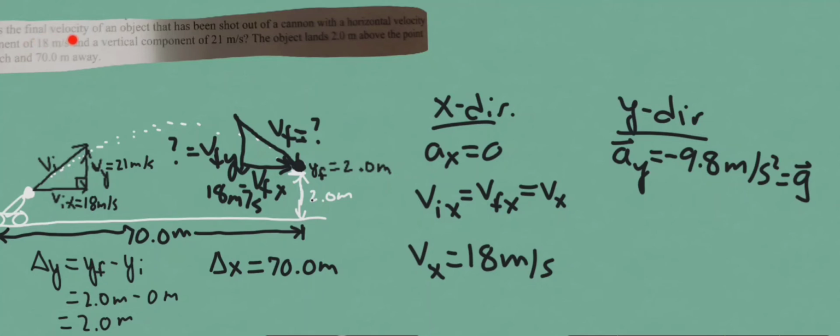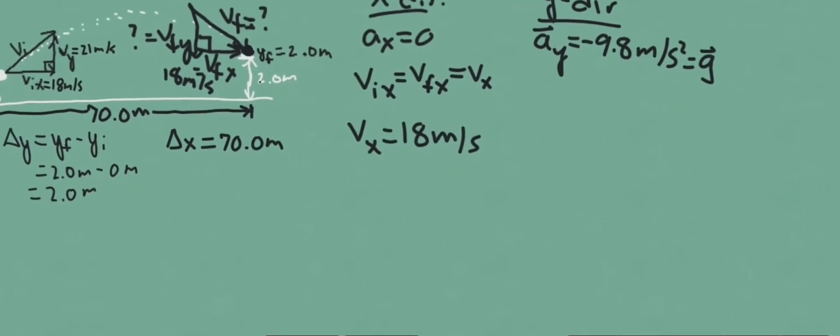It didn't say what is the final velocity in the y direction, in the vertical direction. It just said what is the final velocity. So this is the one that we want, but we need to find this one in order to find that one. Of course, this is also a right triangle right there.